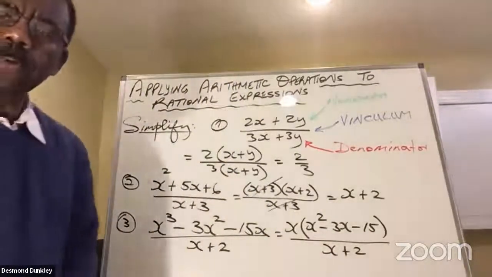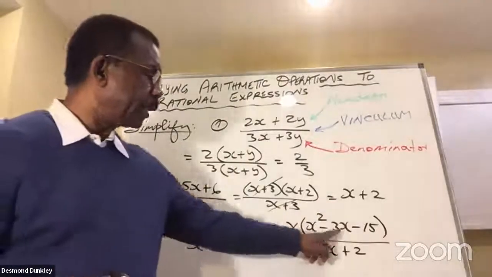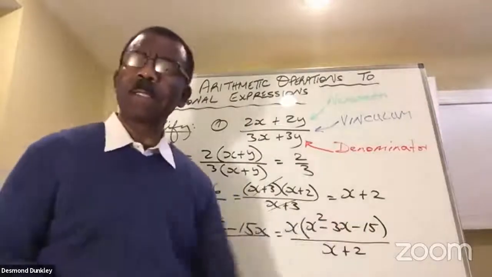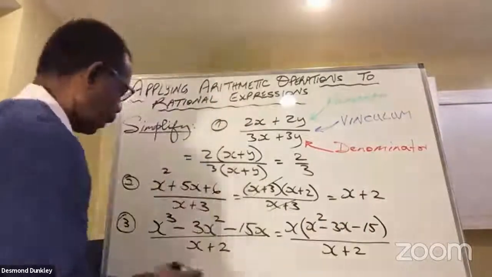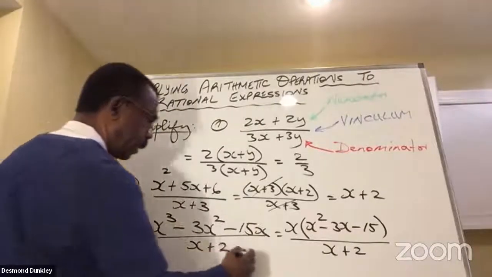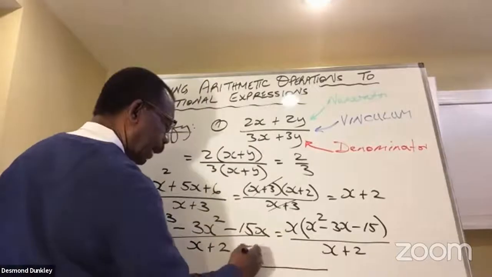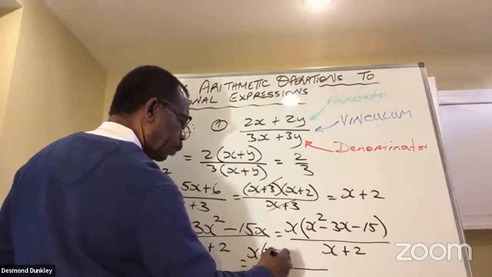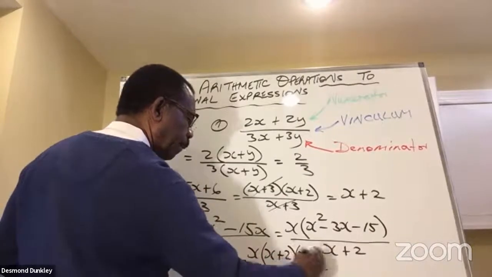Okay, so far so good. Nothing seems to happen so far. But now when I look at this quadratic trinomial, I'm going to see if I could factorize that further. What do we end up with? Well, if I'm not mistaken, I think we end up with x times x plus 2 times x minus 5.